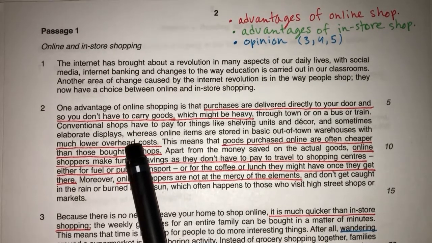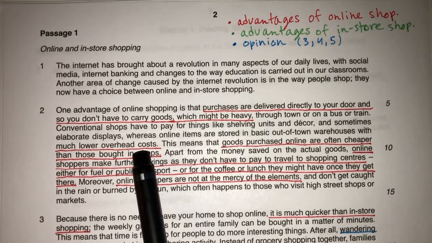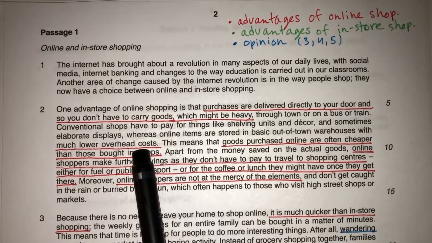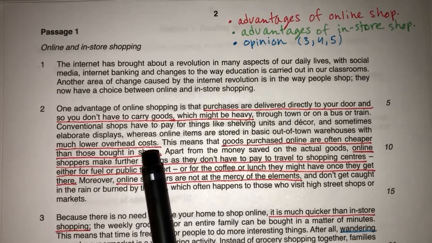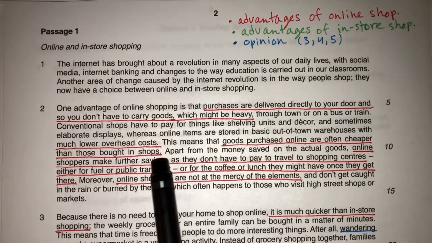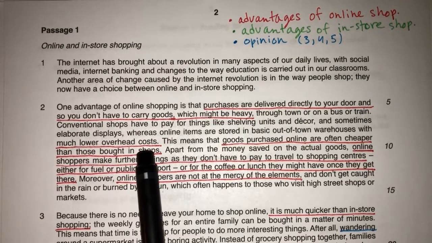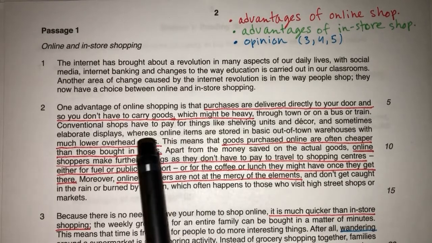But when you look at overhead costs, you're looking at the rent for your store, the electricity for the store, or anything that is not related directly to the item that you're selling. Okay, and the production. So lower overhead cost for online shopping.